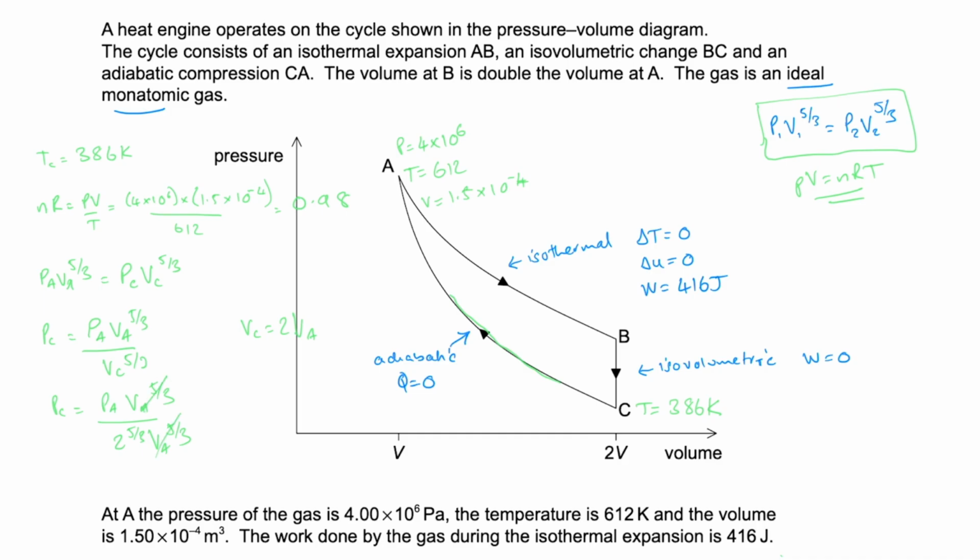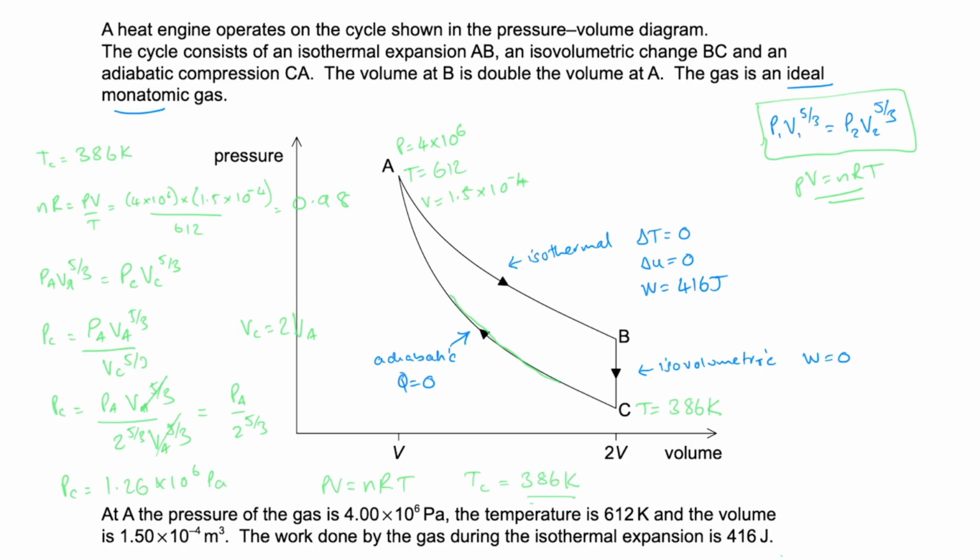These cancel, and that gives us PA over 2 to the power 5 over 3. And that gives us the pressure at C is equal to 1.26 times 10 to the 6 pascals. And then we can use PV equals nRT to find the temperature at C. And you plug all the numbers in and you get 386.